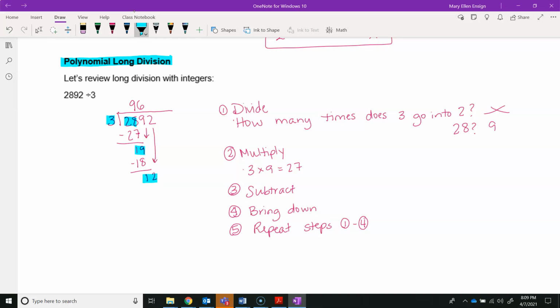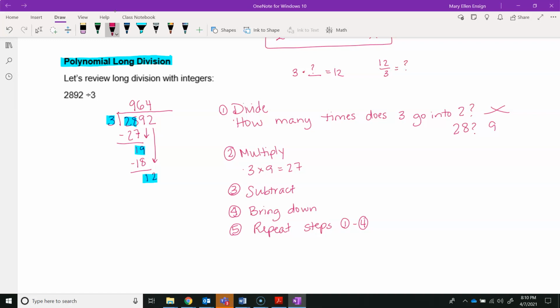I see how many times 3 goes into 12. Now, when I'm trying to see how many times something goes in, there are 2 different ways I can think about it. I could think about it as 3 times what equals 12. Like, here's my missing number that I need to figure out. Or I could think about it as 12 divided by 3 equals what, right? Either way, I'll get that 4.